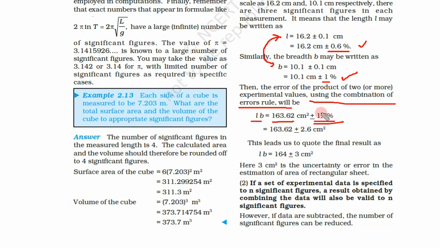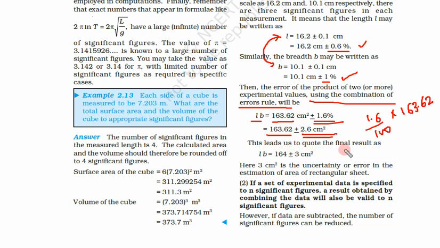Now how can we calculate 1.6% of this number? 1.6 divided by 100 into this number, 163.62. When we calculate this, it comes out to be around 2.6 centimeter square. So this is our area and this is the error in that area.